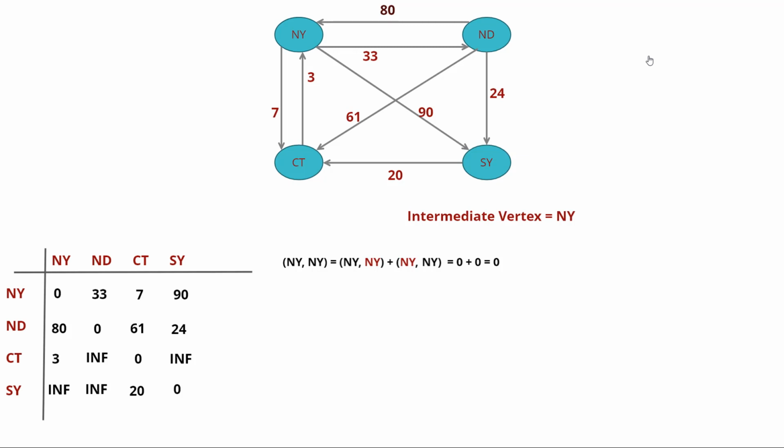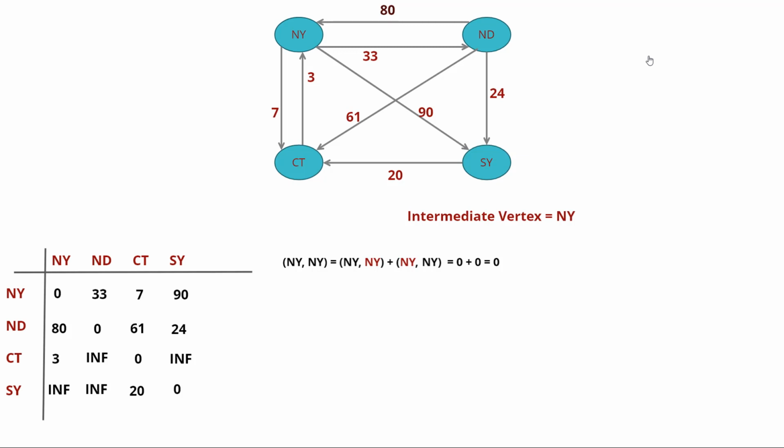So naturally, as part of the iteration, the program tries to find the shortest path from NY to NY as well. But in the matrix, we already know that NY to NY is 0. So our program will substitute the value 0, and ultimately the shortest path from NY to NY will always remain 0. If you couldn't understand this right now, as the video progresses you will understand this better when you see the code and listen to the remaining flow of the program.